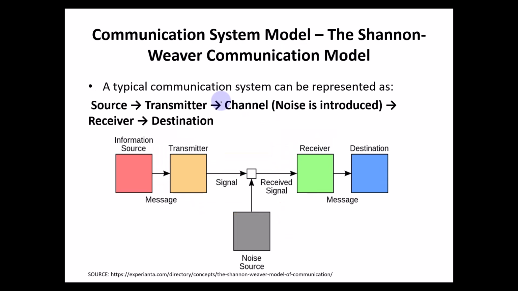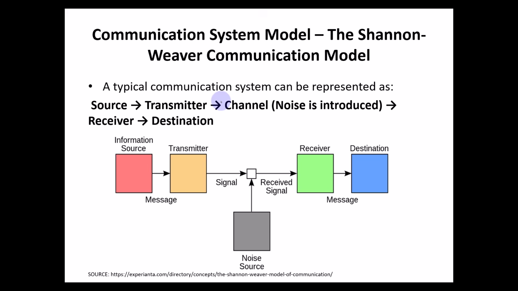So lastly, we'll look at a very simple communication system called the Shannon-Weaver communication system. The Shannon-Weaver communication system was developed by two scientists, Shannon and Weaver. They sat down to build this simplified model. We have more complex models in data communication, but this is a very simple model and widely adopted.